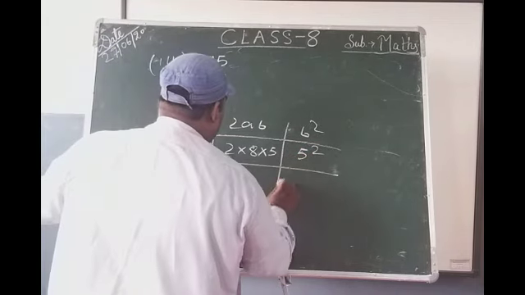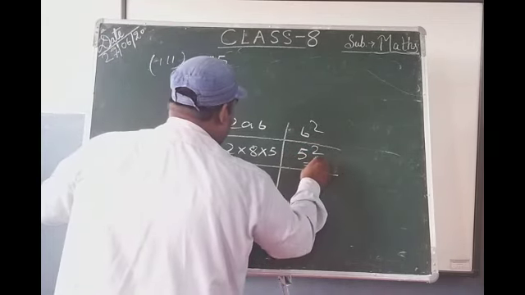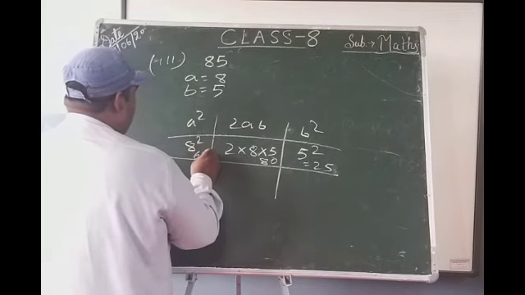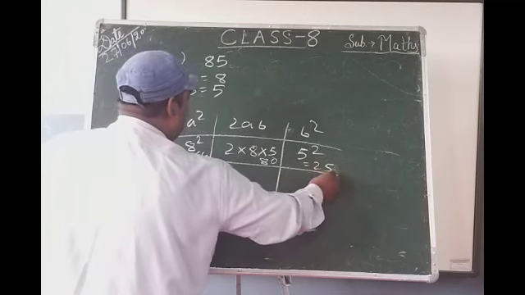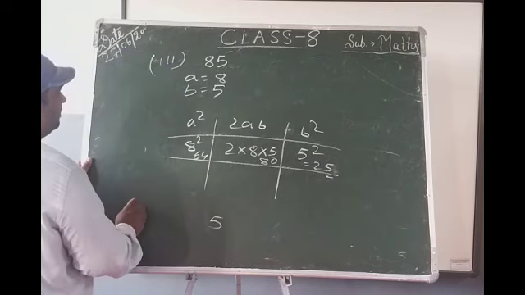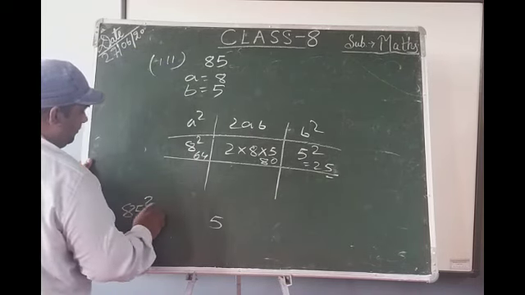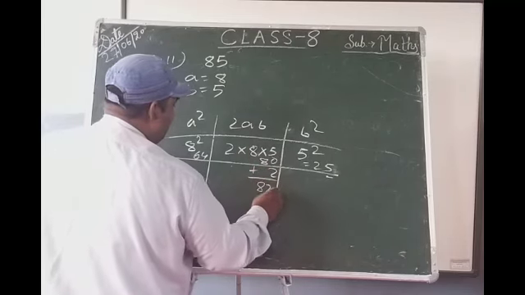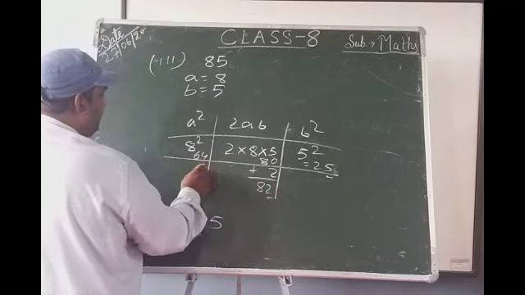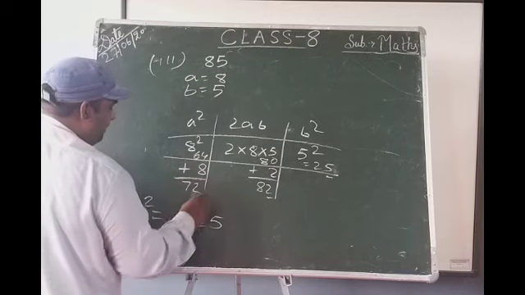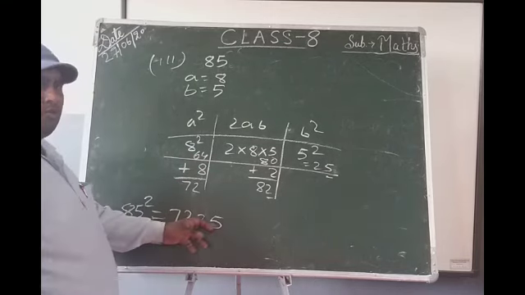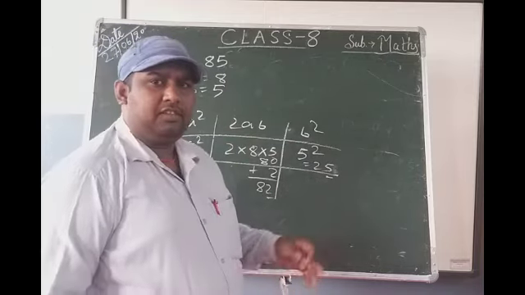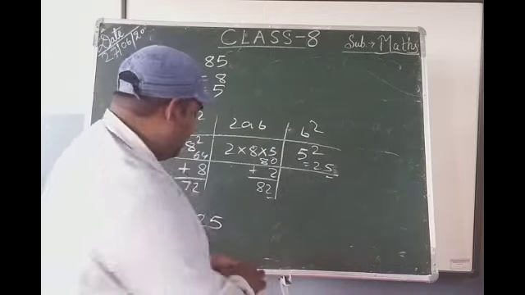Now you will get your result, that is 64, 80, 25. Finally, the first digit is written here, the second will be added there, you will get 2, again 8 will be added there, you will get 7, 2, 2, 5. That is 7225. Finally you have got the result, and this method is known as the column method.